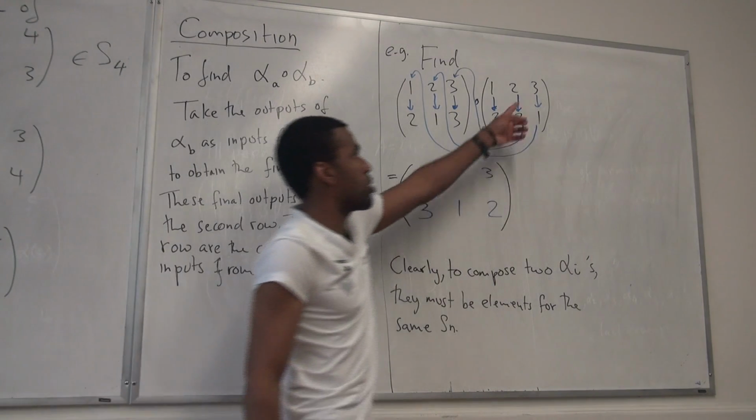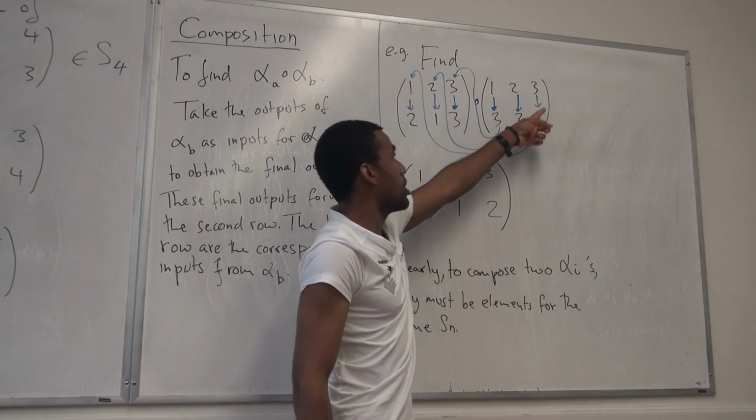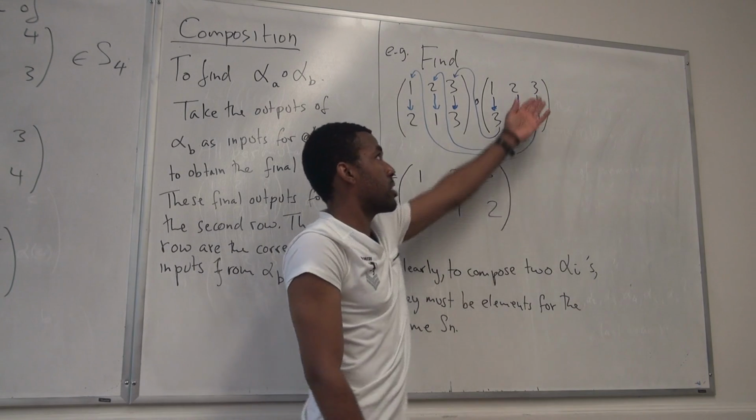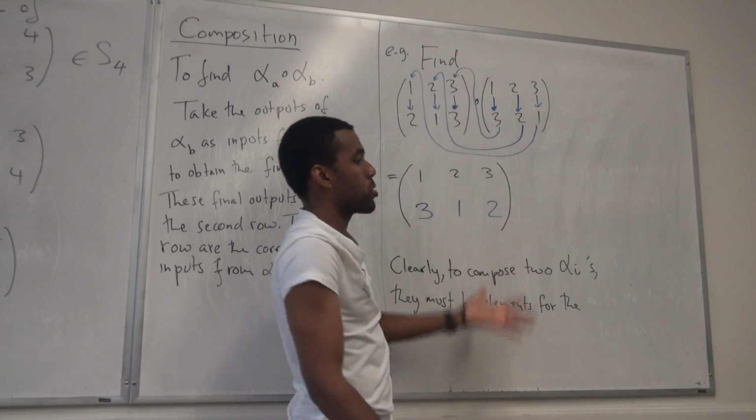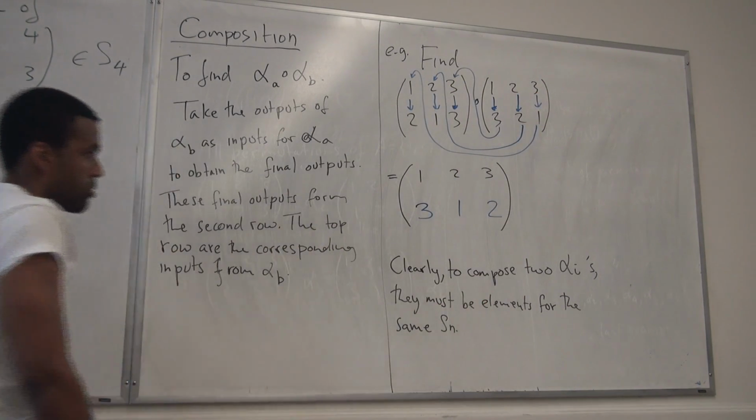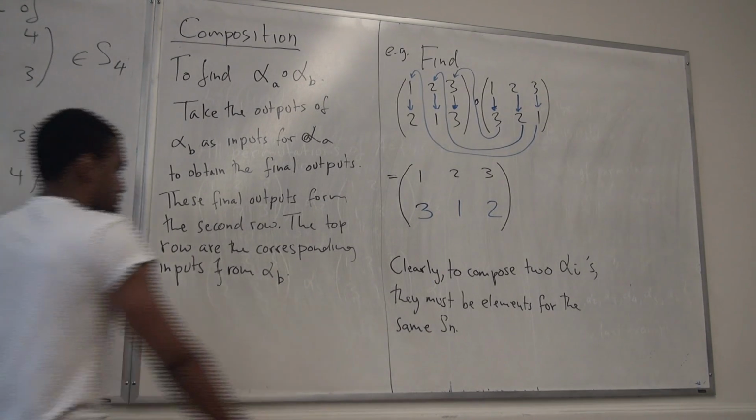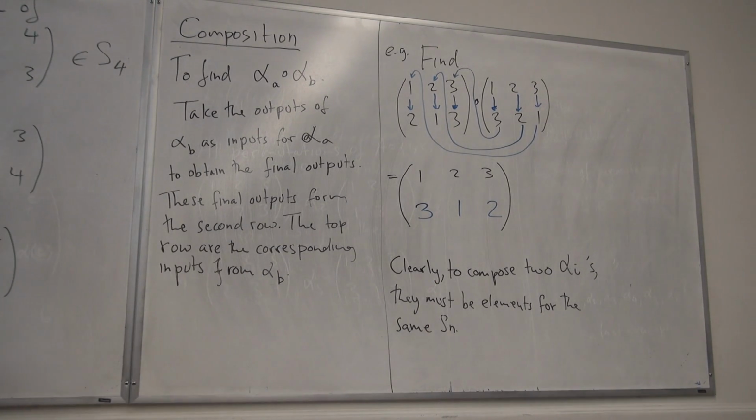So I couldn't have this guy as a permutation on 4 elements and compose it with one on 3 elements, because then where does the 4 go? There's no 4 on this side. So they of course have to be from the same symmetric group.